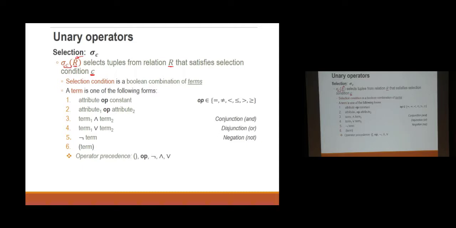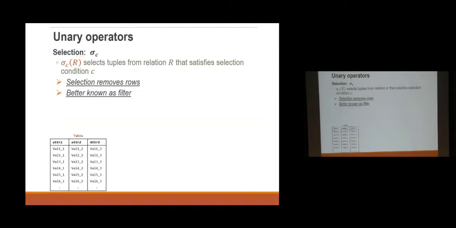The output is a relation such that all tuples within that relation satisfy the condition. Now, if you're familiar with Python, this is basically your filter. The name itself is weird in a sense that once you learn about SQL, SQL has a keyword called select, and unfortunately, select does not correspond to the selection. So this is something weird.